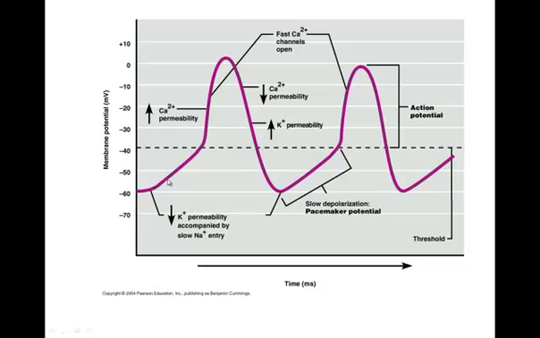And when enough sodium gets in for that cell to reach threshold, all of a sudden calcium gates pop open, and these calcium gates are called fast voltage regulated calcium gates because they all pop open at once, and calcium rushes into the cell, and that causes a depolarization of the cell by calcium, something you've never seen before. And then those calcium gates close, and then we get the normal repolarization by potassium.